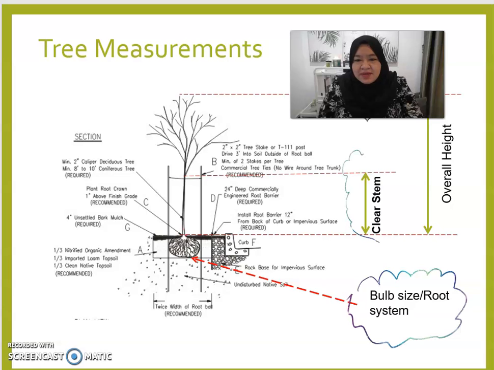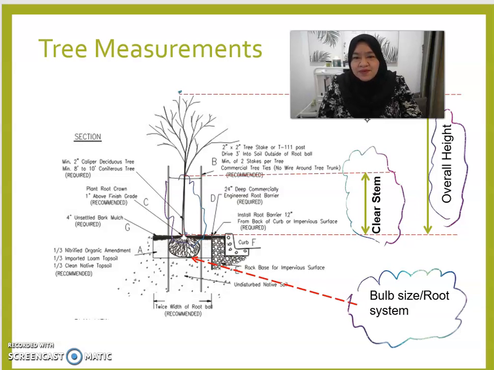And the clear stem, the term clear stem is starting from the ground level until the trunk of the tree before any branches. And lastly is the overall height, starting from the ground until the top of the tree. This is what we call overall height.